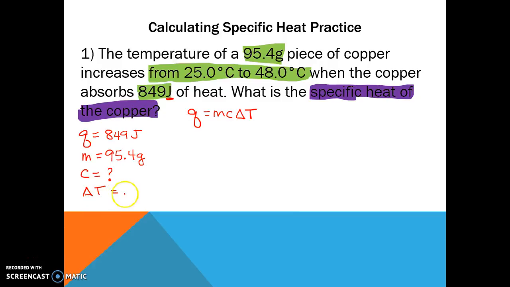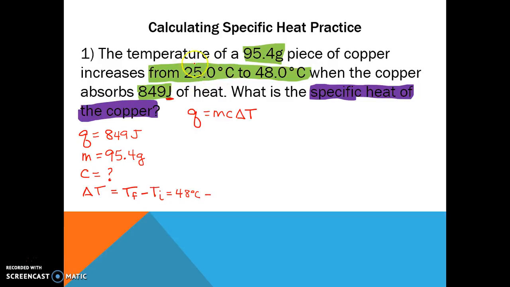And delta T. Now delta means change in temperature. So delta, we can write that out as the final minus the initial, or temperature final minus temperature initial, which in this case, your final is where you end up or you go to. So I'm going to 48 degrees Celsius, minus my initial, or starting, where I'm coming from.